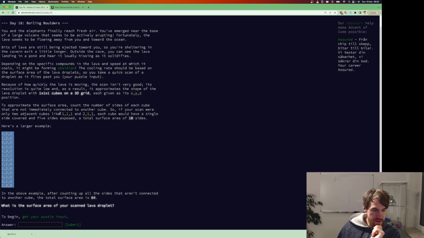So if my scan were 1 1 1 2 1 1, each cube would have a single side covered and 5 sides exposed. After counting up all the sides that are not connected to another cube. Okay, so if I have 1 2 2 and 2 2 2, one side is not connected to another one.